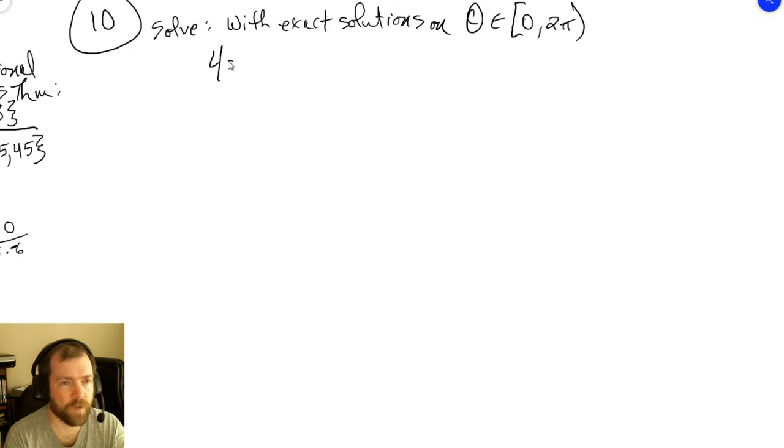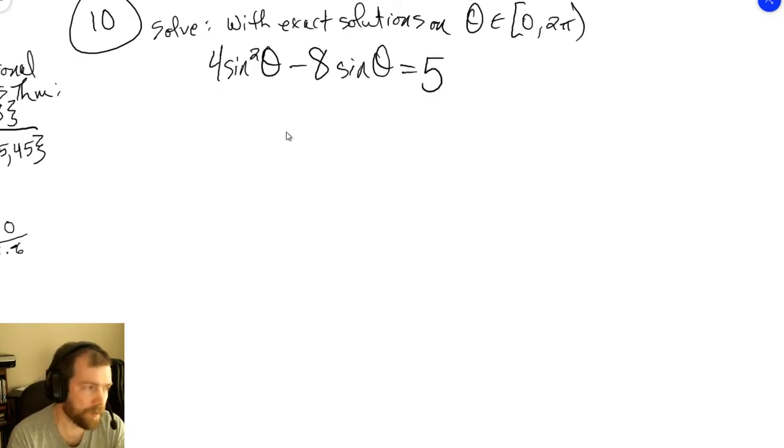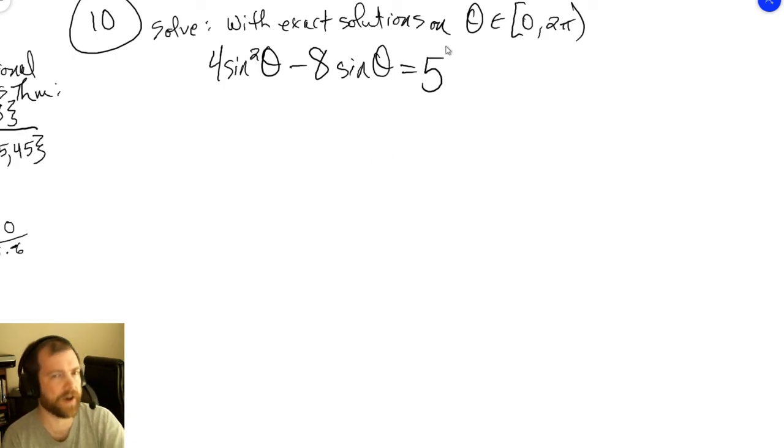So we have 4 sine squared theta minus 8 sine theta equals 5. This is a trap. Do not factor the sine of theta out from the left-hand side and then just figure out, oh, I'm just going to get this and multiply them together and get 5, because that's not going to happen. You are not going to find 2 factors of 5 which are going to work out nicely for this. It's just not going to work.